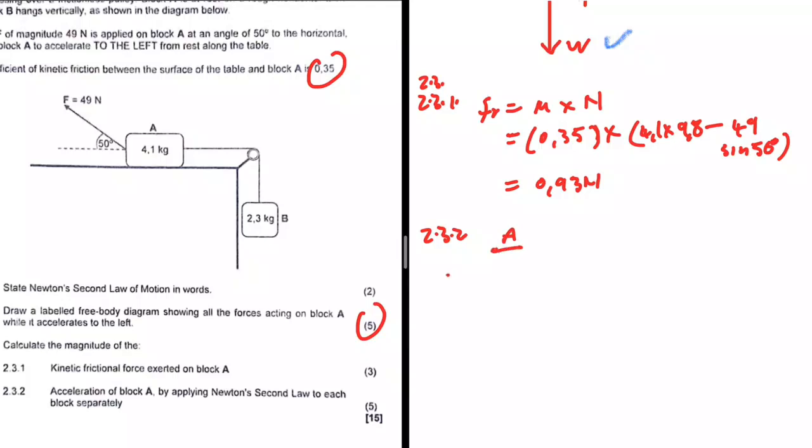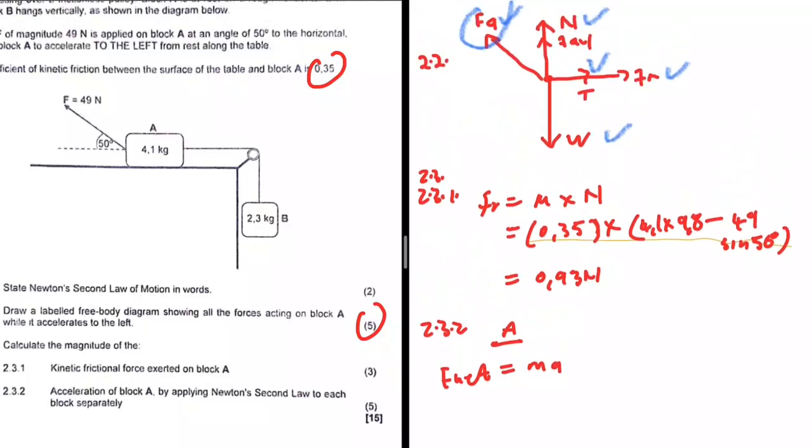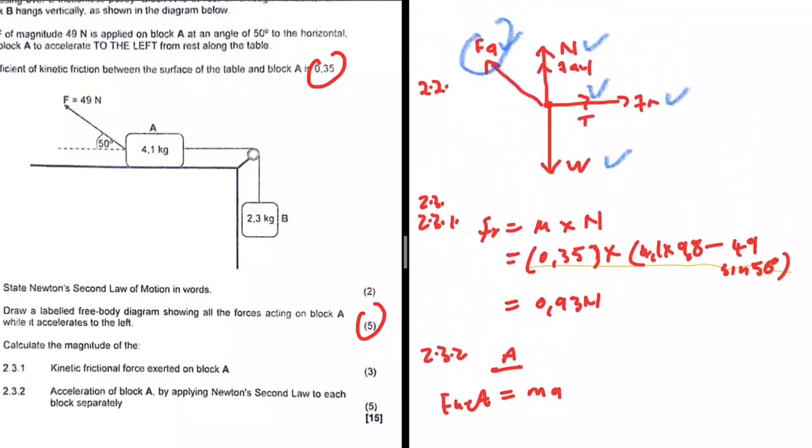So we're going to have F net equals MA. Well, the force that is pulling the object minus all the forces that are opposing. That is how I usually say it. The force that is pulling the object here is the x component of the force applied, FAX.